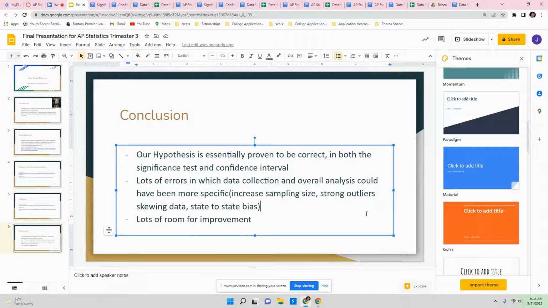All right, and then coming back to our conclusion, as we can see from our tests, the hypothesis was pretty much proven to be correct, for both the significance test and the confidence interval. As we saw from the confidence interval, the difference in means was very large. 206,000 to 696,000 was the 95% confidence interval for the difference in means.